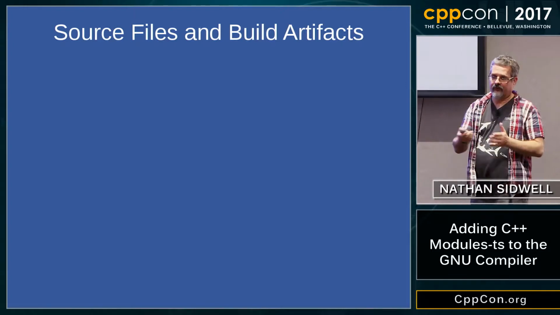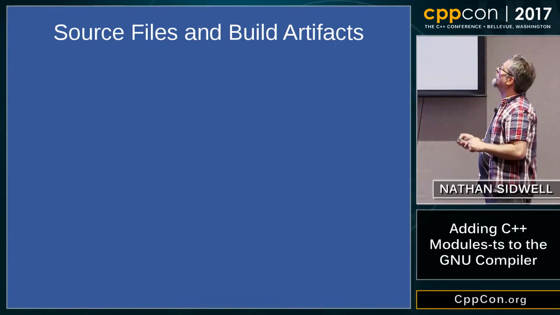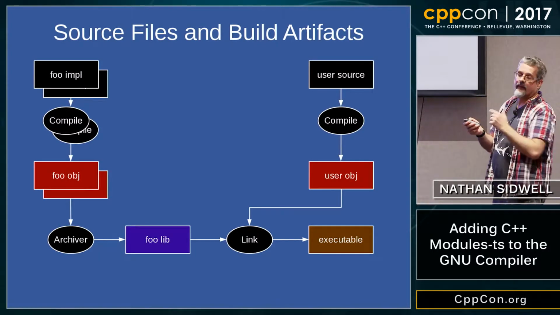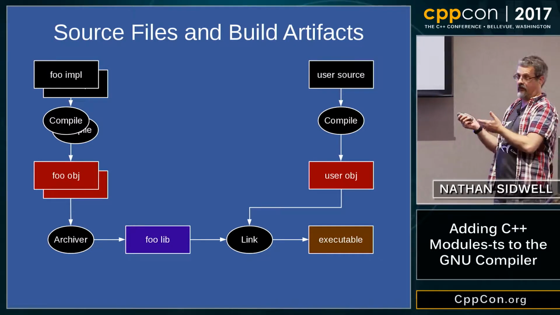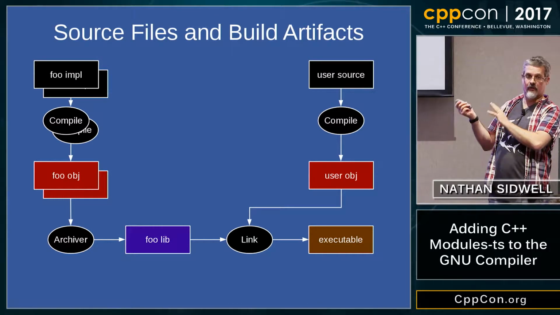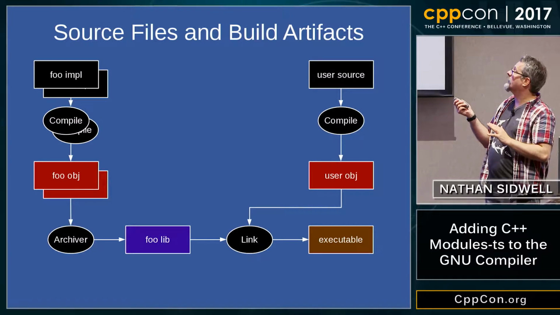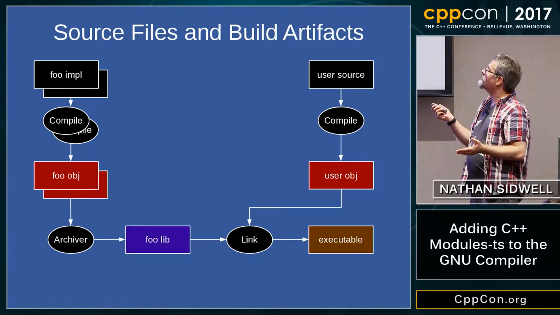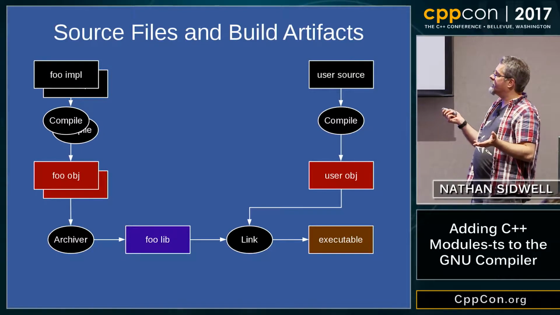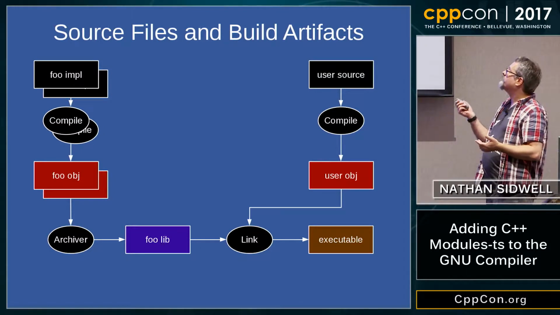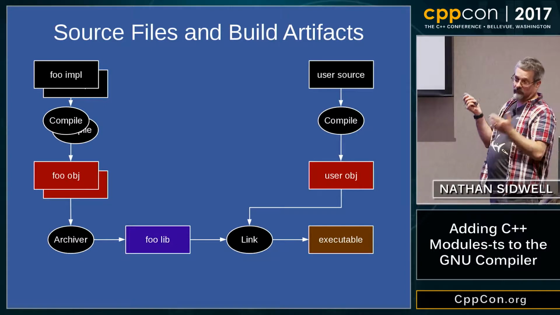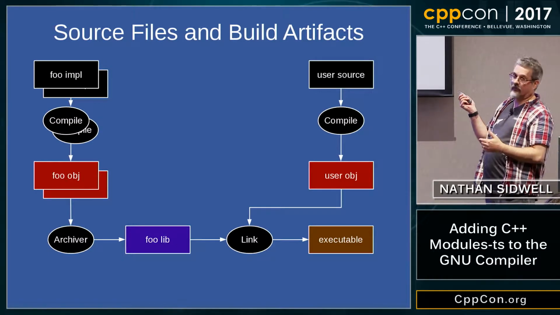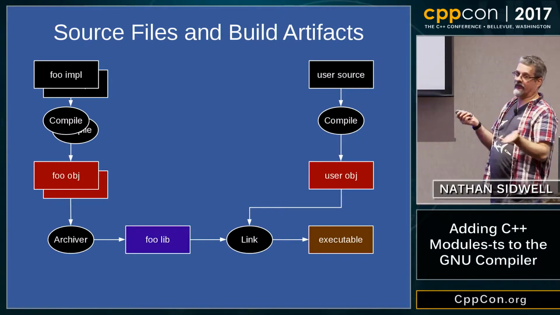Oh, right, so this might answer the question that you were trying to raise there. Here's a picture of how things hold together, and this is going to start off with a header file version. We've got a library with some source files, they get compiled into object files and turned into a library archive. We've got a user source that compiles into a user object and is linked together, and you get an executable.